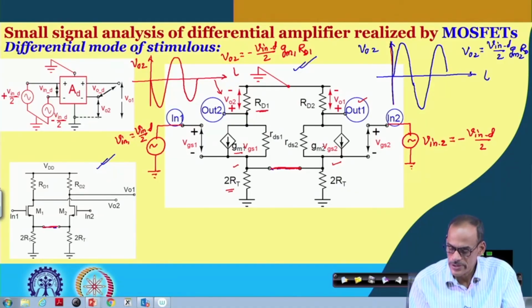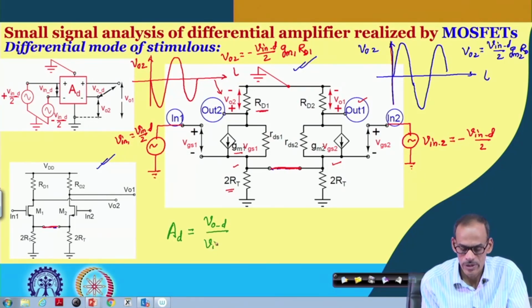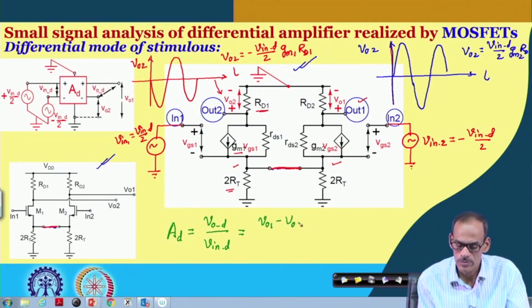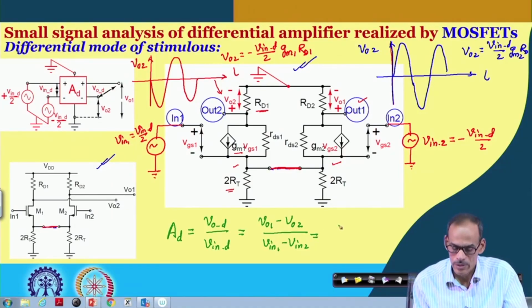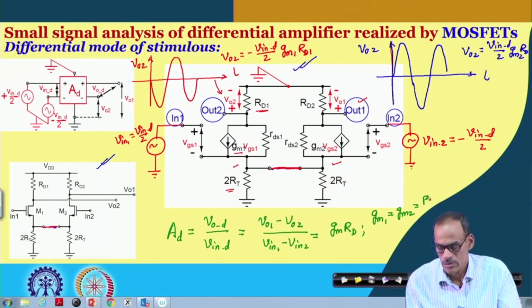So, again for this case the differential mode gain AD, defined as VOD divided by V in D, which is equal to VO1 minus VO2 divided by V in 1 minus V in 2, becomes GM into RD, where we are assuming GM1 equals GM2 equals GM, and RD1 equals RD2 equals RD.